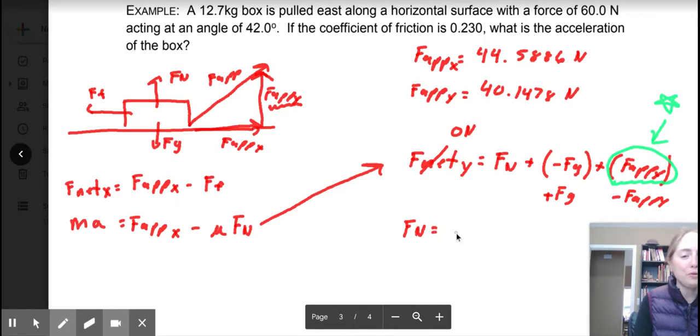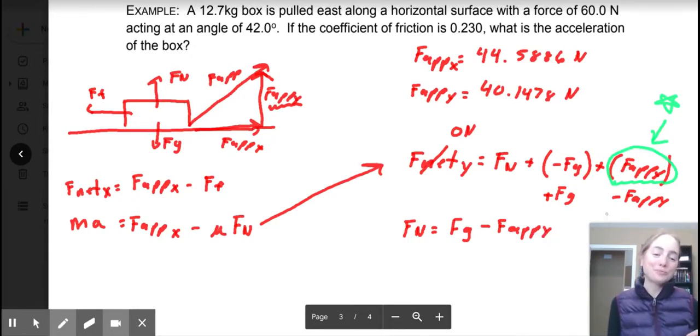My normal force, ladies and gentlemen, is going to equal Fg minus my force applied on the Y. Okay, so be aware of that.